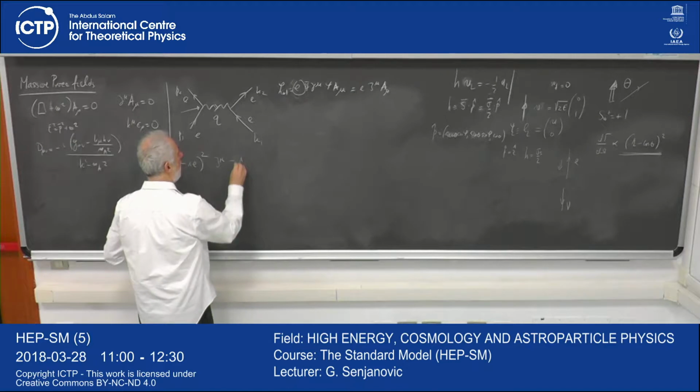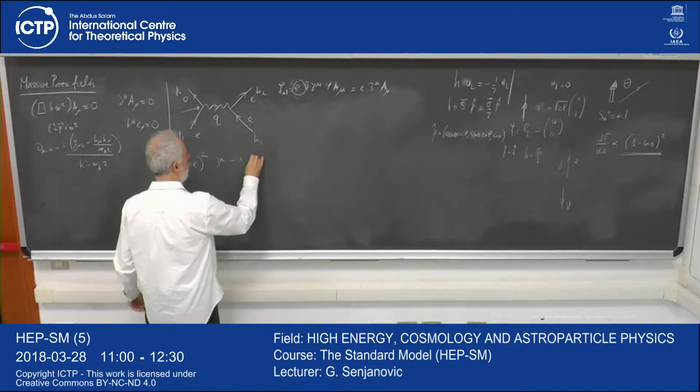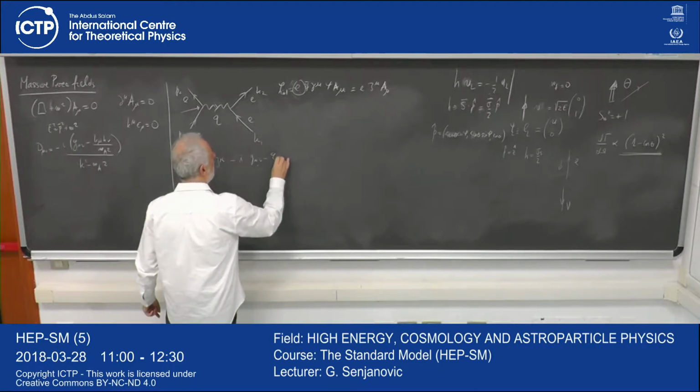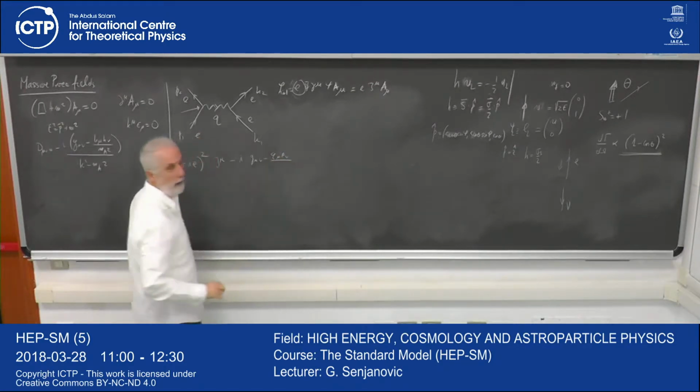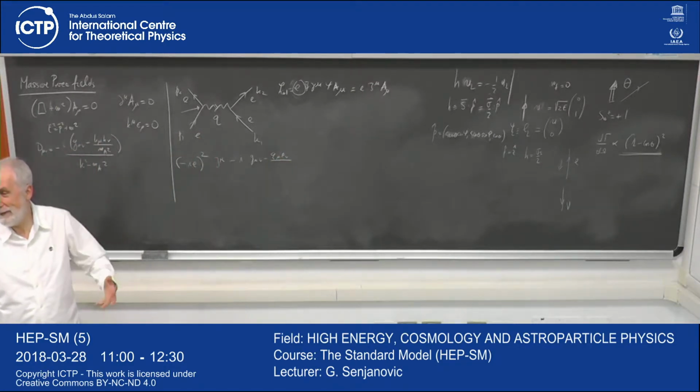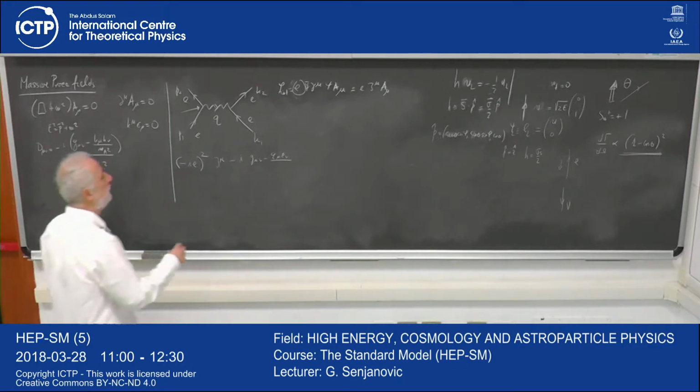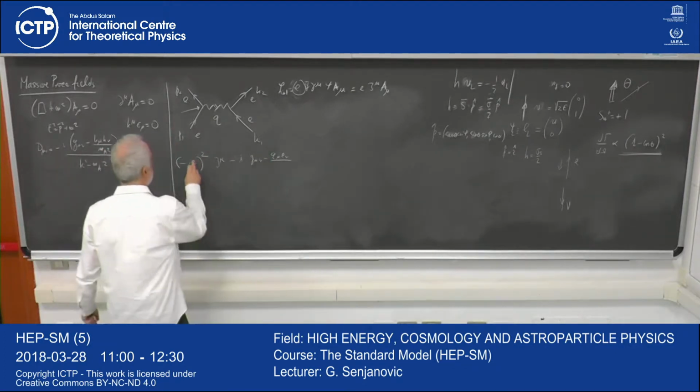There is a minus i. I want to be careful now with the factors: g mu nu minus q mu q nu over M_A squared. I'm going to add a small mass to the photon, just to have a generic result. So if tomorrow you ask me about a massive gauge boson, like the Z boson, I have the result there. So why don't we be more general?